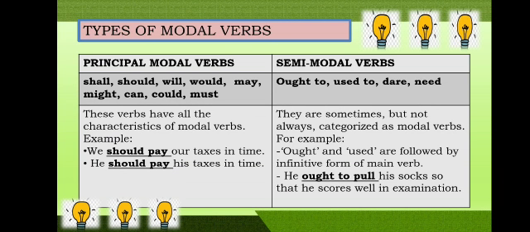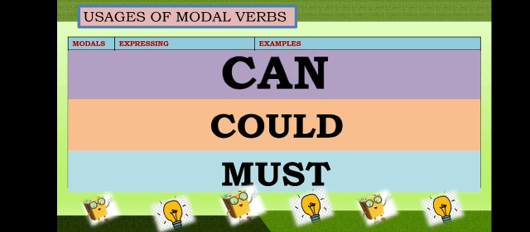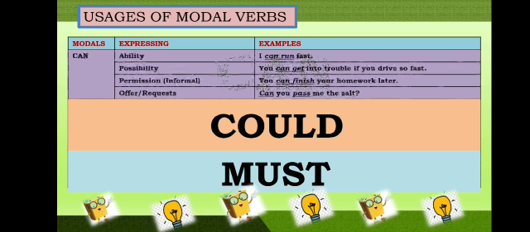Now it's time to look into the usages of first 6 modal verbs, starting with can. The verb can help us to express various situations like ability, as in I can run fast. Possibility, you can get into trouble if you drive so fast.